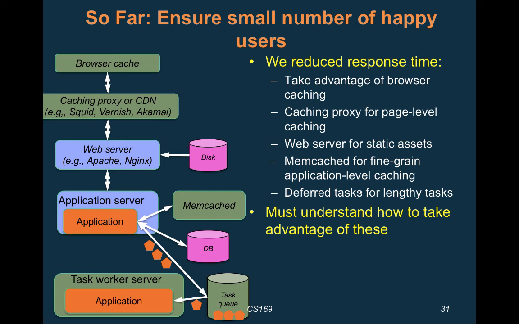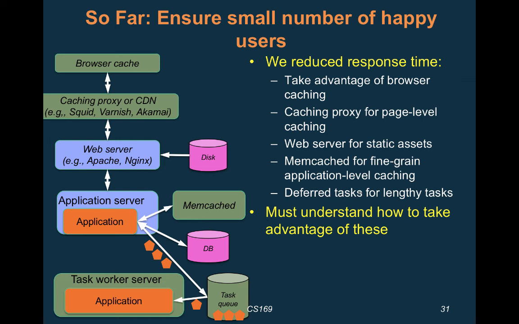So far, we have worked on the issue of latency: making sure we respond very quickly to the clients. And to do this, we have taken advantage of browser caching. We have put a Varnish cache to do page-level caching in front of our server. We have put a real web server so it can access fast stuff directly from the disk, like static files, JavaScript, CSS.